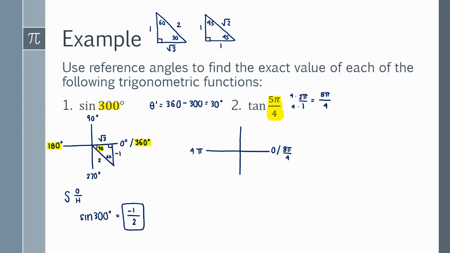Then that means this is really technically 4 pi over 4, because 4 divided by 4 gives you that pi. Up at the top, I'm going to cut in half between 0 and 4 pi over 4. I'm going to have 2 pi over 4, which means I'm going to be adding 2 pi over 4 every single time I go to one of those quadrantal angles.